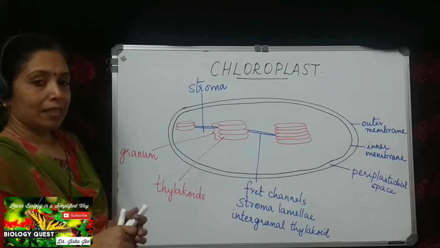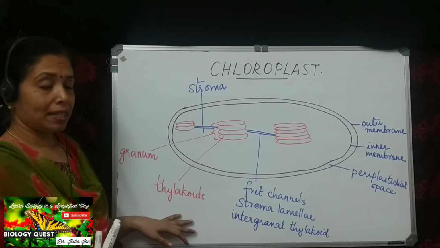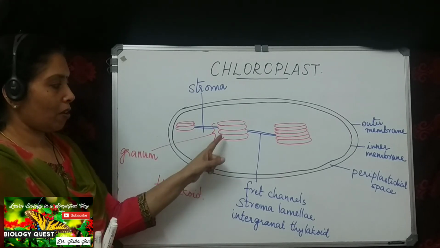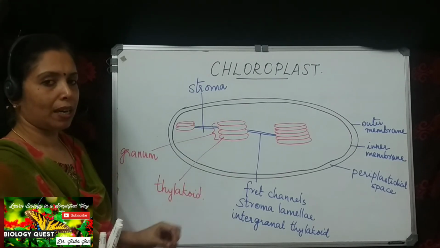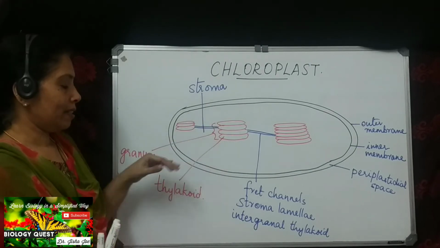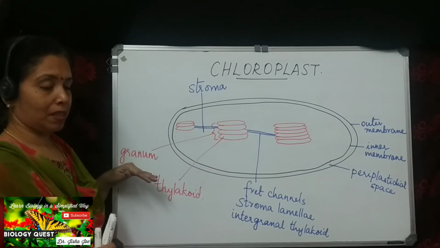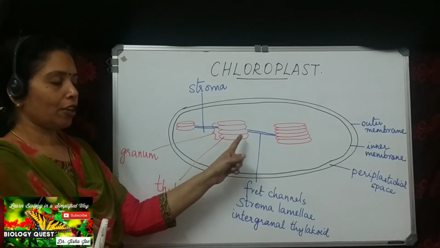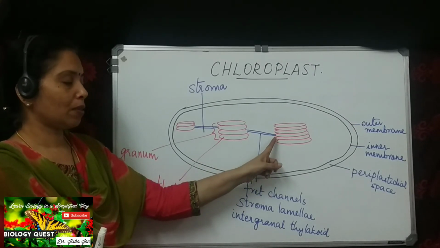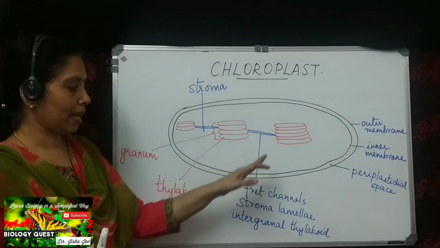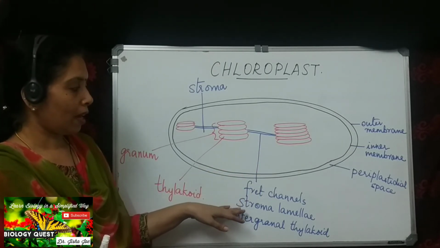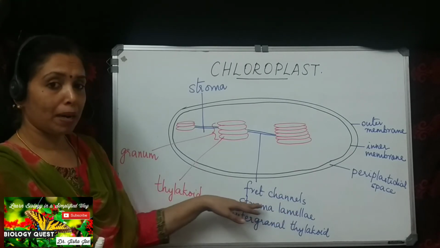The thylakoids are piled one above the other, and each pile is called a granum. Singular is granum, plural grana. The thylakoid of one granum may be connected with the thylakoid of another granum by means of Fret channels, also called stroma lamellae.